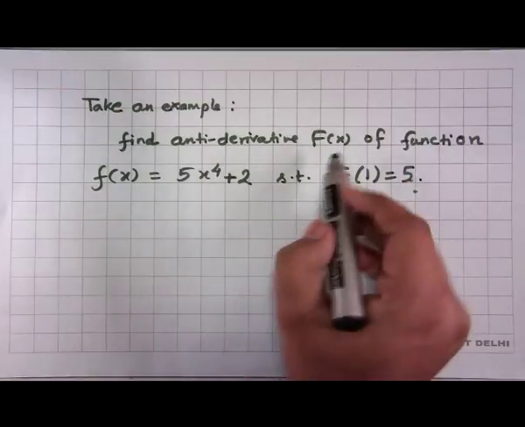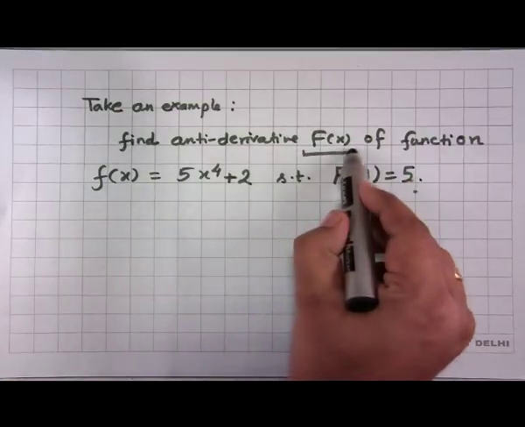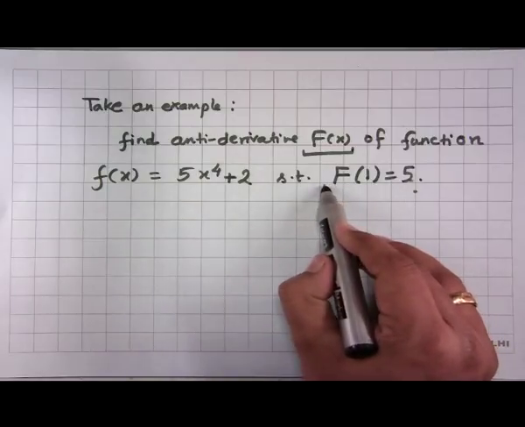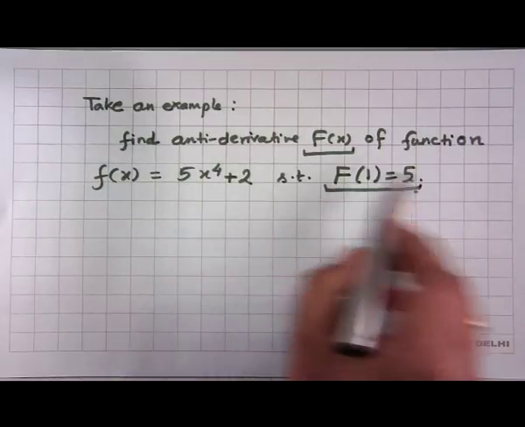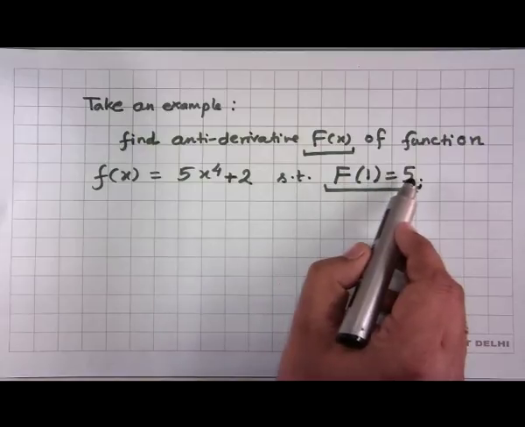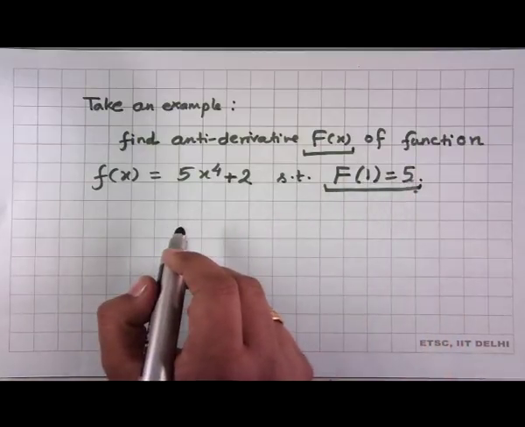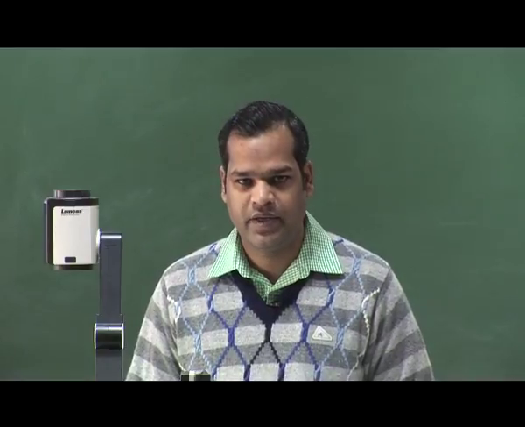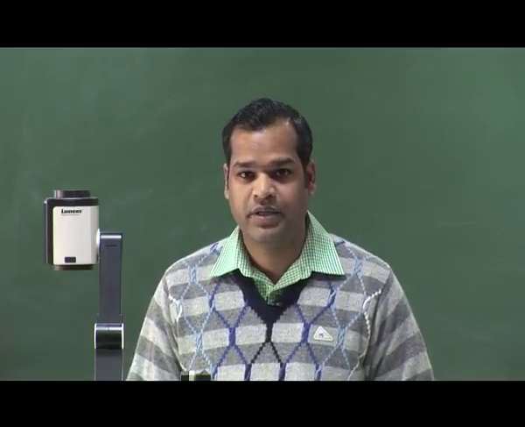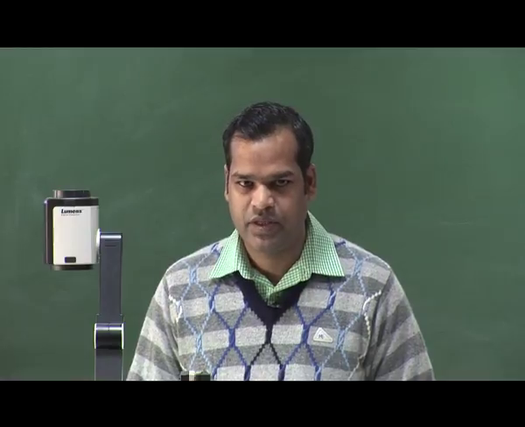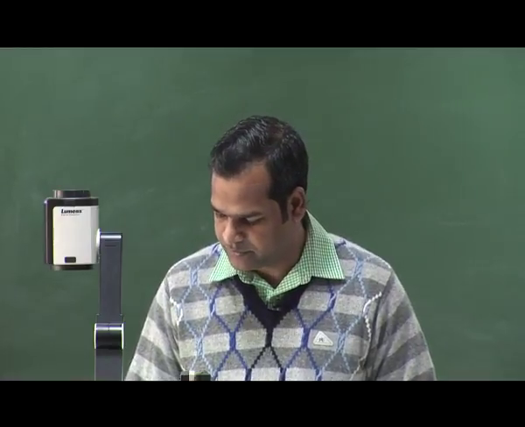So, it not only says that we have to find the antiderivative F x, but also that we have to find that antiderivative which has the value 5 when x equals 1. So, out of the family of all the antiderivatives, we have to look for a particular antiderivative. I will show you how it can be done.